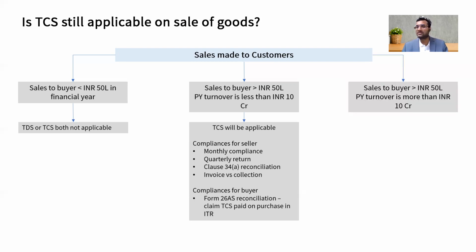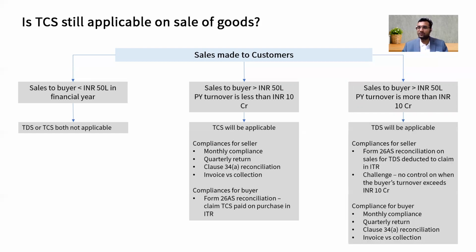Now look at another scenario where sales to the buyer is more than 50 lakh rupees, and the previous year turnover of the buyer is more than 10 crore rupees. As we have discussed, as soon as the buyer's turnover is more than 10 crore rupees and the purchase is more than 50 lakh rupees, the buyer has the responsibility to deduct TDS at the rate of 0.1%.